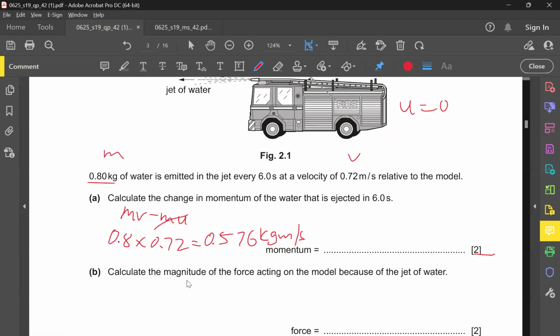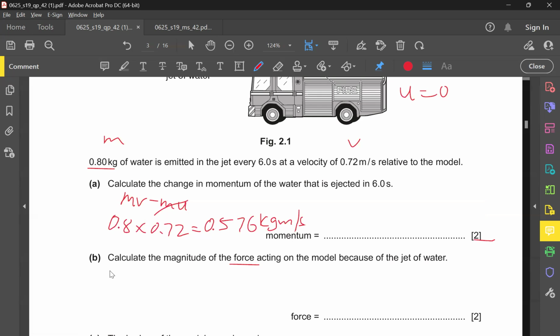Okay, then after that, I ask you to calculate the force, right? There's only one formula that relates change in momentum to force. What's that formula again? Ft equals mv minus mu. So F equals mv minus mu over t. In this case, you already found mv minus mu, right? Divide by 6.